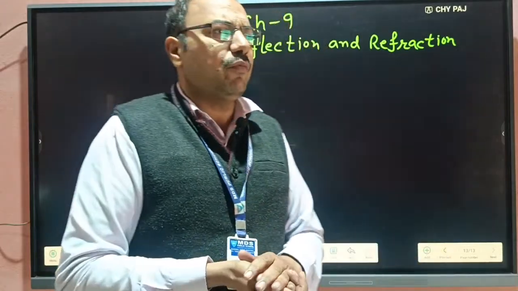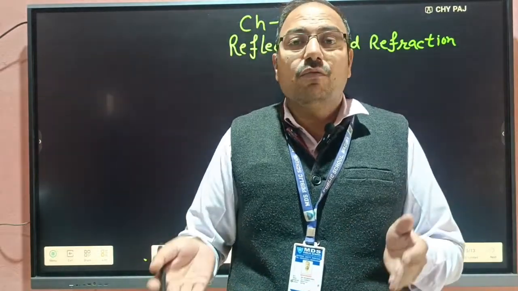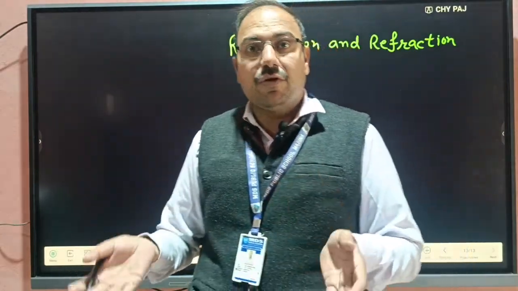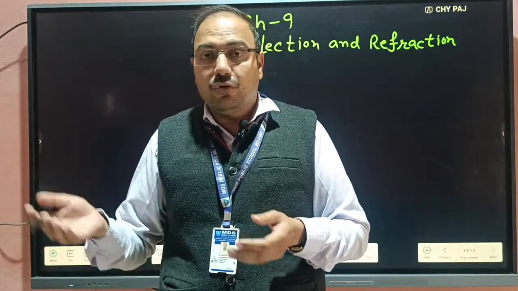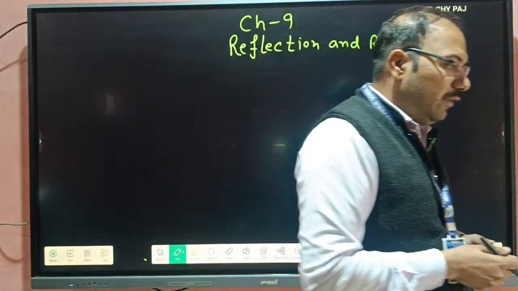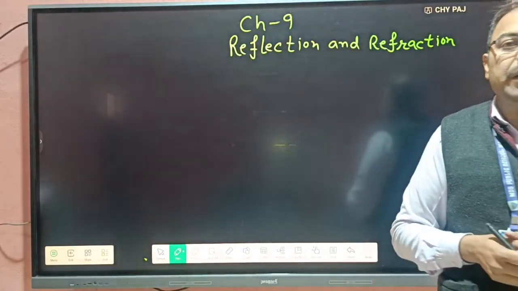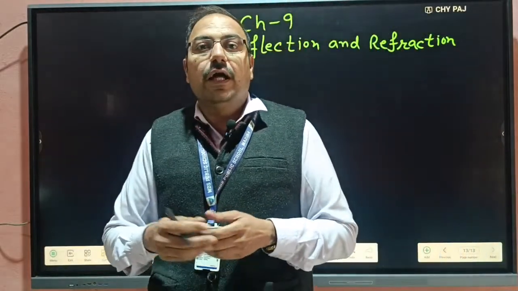We can use different types of media, like air, water, and some chemical substances, some chemical oils, like ethanol, methanol, alcohol, which are chemical substances. And we can use different types of materials, glass, and some solid materials like diamond.